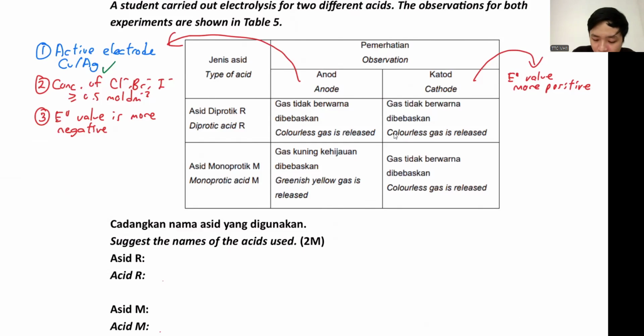They say diprotic acid R. You know what diprotic means? Diprotic means one acid molecule produces 2 H plus. Because again, if you see acid, it always contains hydrogen ion. So you know it's already acid, right? The cation is already H plus.